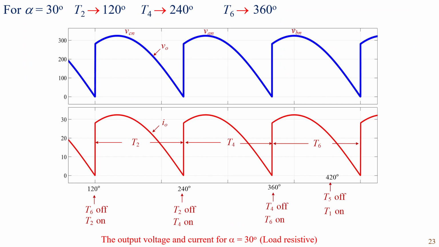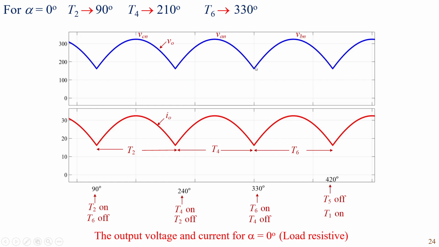This is output voltage and current for alpha equals 30 degrees. For alpha equals 30 degrees, T2 is turned on at 120, T4 is turned on at 240, and T6 is turned on at 360. This is output voltage and current for alpha equals 0.